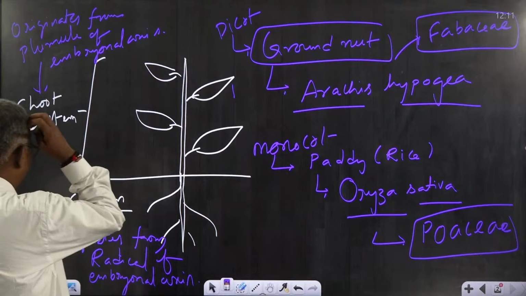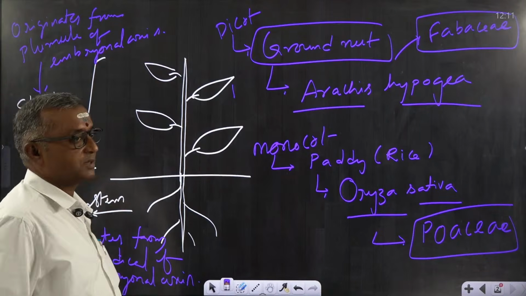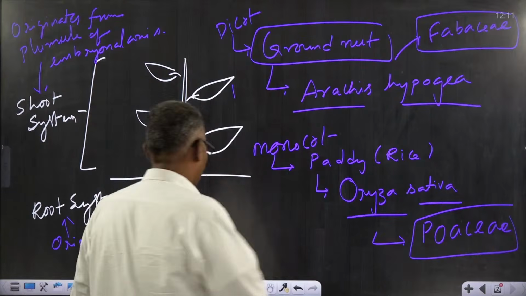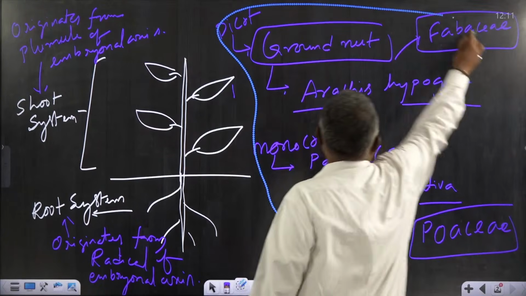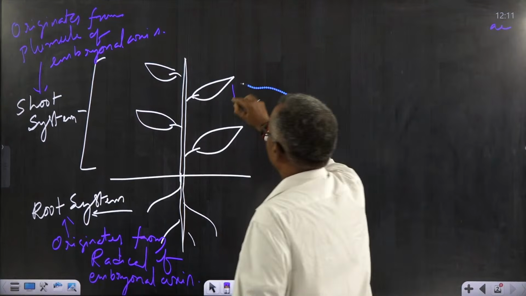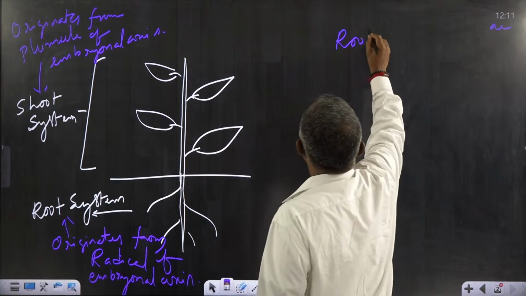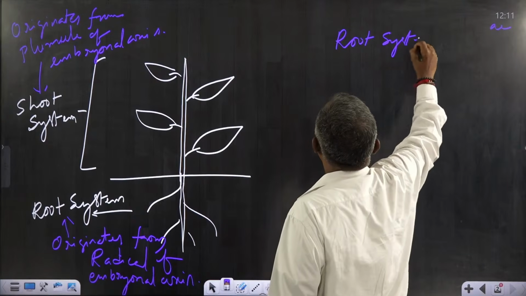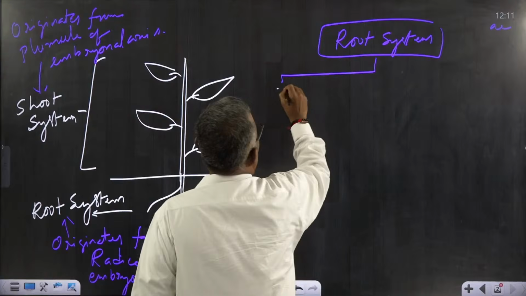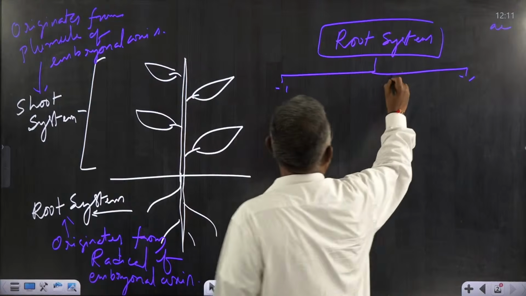Now come back to the root system. In today's class I am discussing the types of root system and its functions, and tomorrow we'll go with the shoot system. The root system is basically of two kinds.